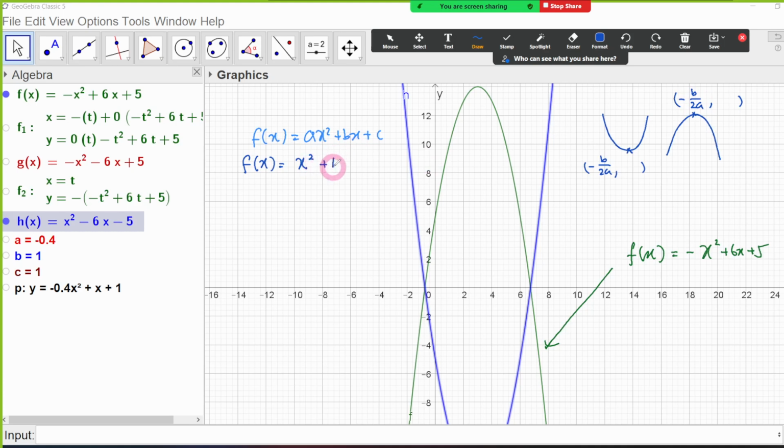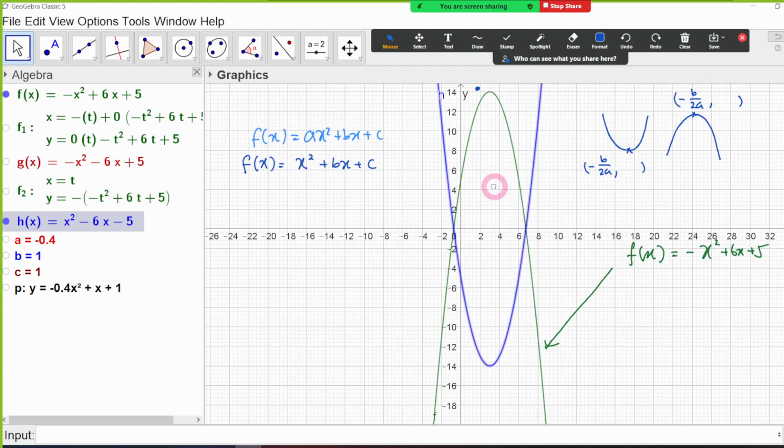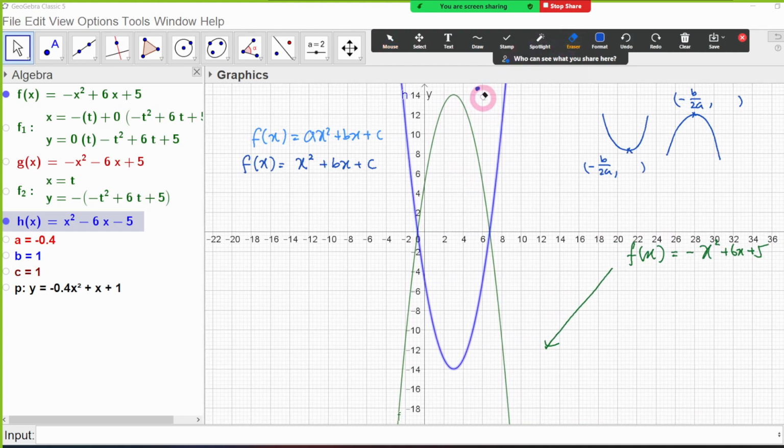Okay, now I don't know b. I want to get the value of b. This is (3, 14), right? And this is (3, -14).